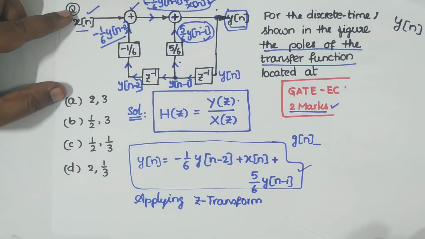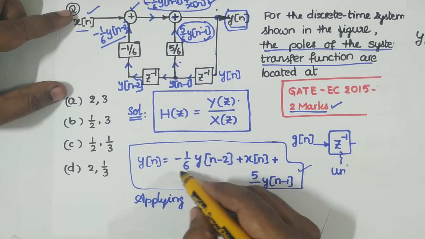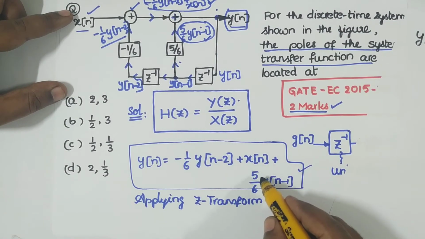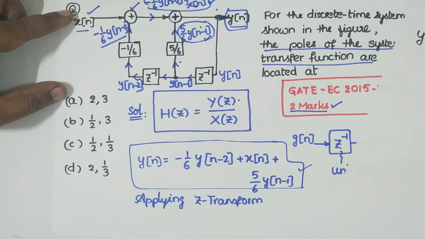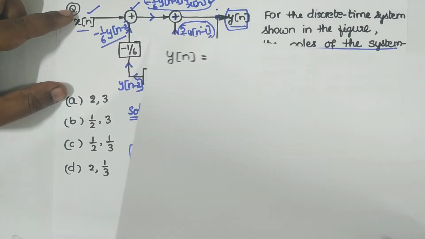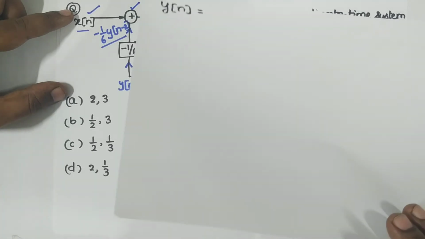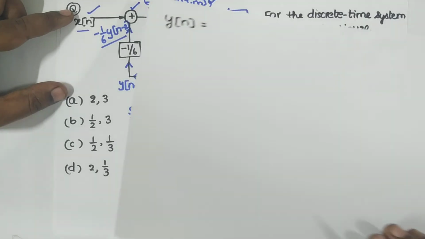This is a difference equation, and you have constant coefficients. These coefficients are independent of time. We don't have time dependent coefficients, otherwise we can't analyze LTI systems using Z transforms that easily.